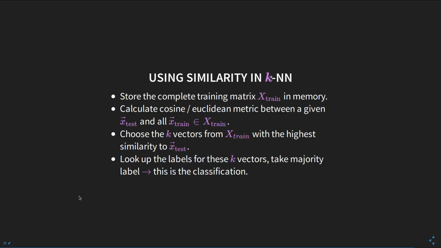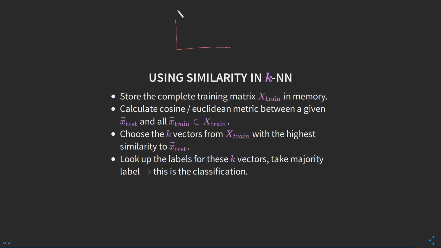So just to quickly draw this up, here's our feature space. These are the ones that we got in X train. So all these instances are X train, and then this one little dot here is our X test instance, and it will just calculate the cosine similarity or the Euclidean distance, whatever we decided on, between all of these, so all of them, literally all of them.